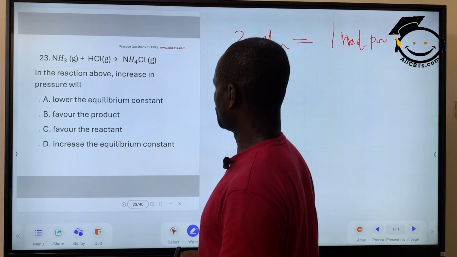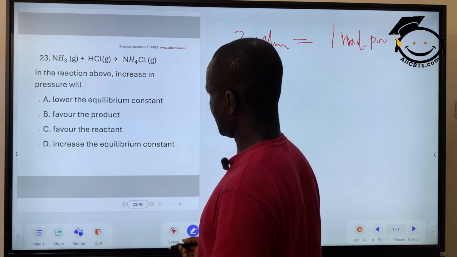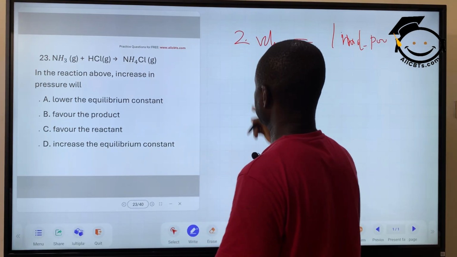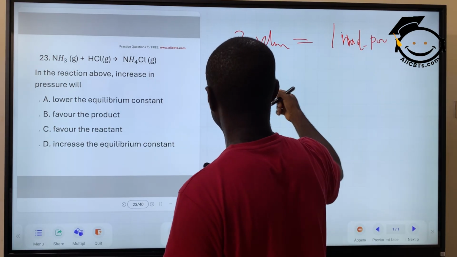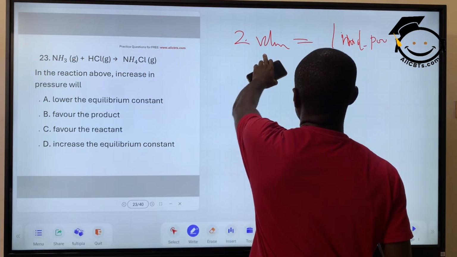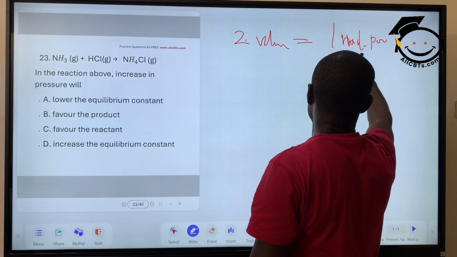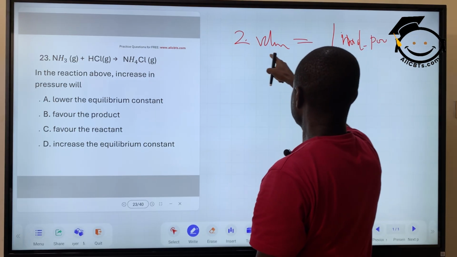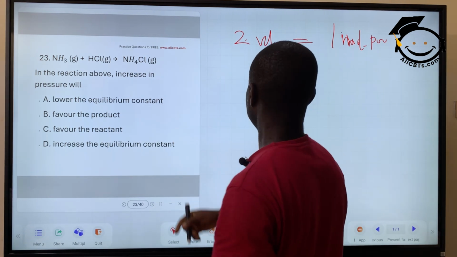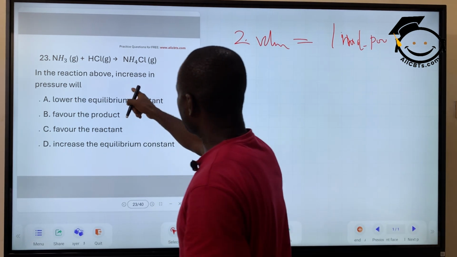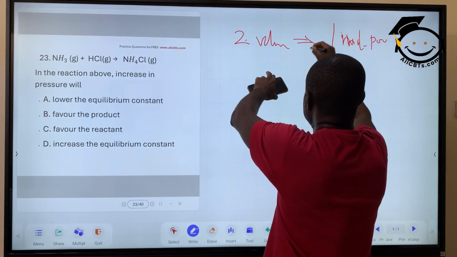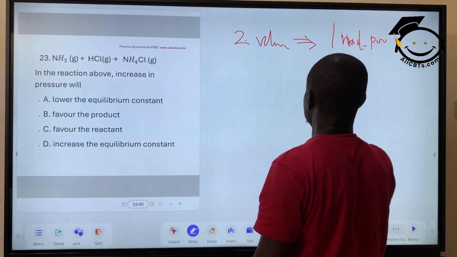So, according to Le Chatelier, increase in pressure will affect, pressure is inversely proportional to the volume. In this case, if we decide to increase the pressure, pressure has to be reduced. So, increase in pressure will favor the side that has a reduced volume, which is the product.